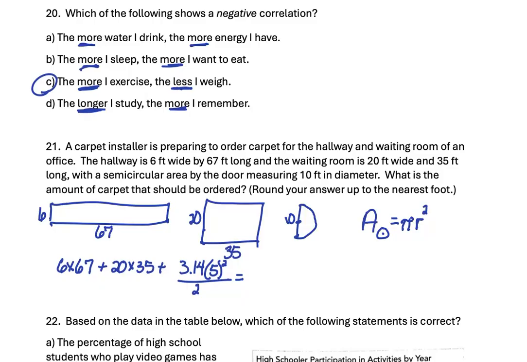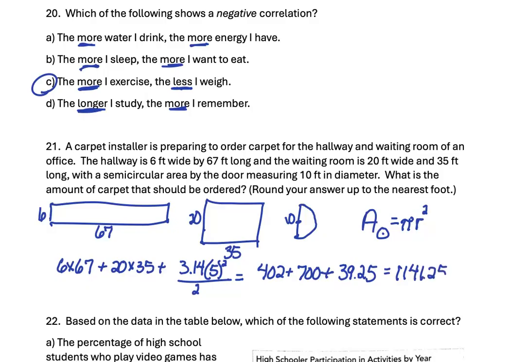So that gives us 402 plus 700 plus 39.25, and that equals 1141.25.